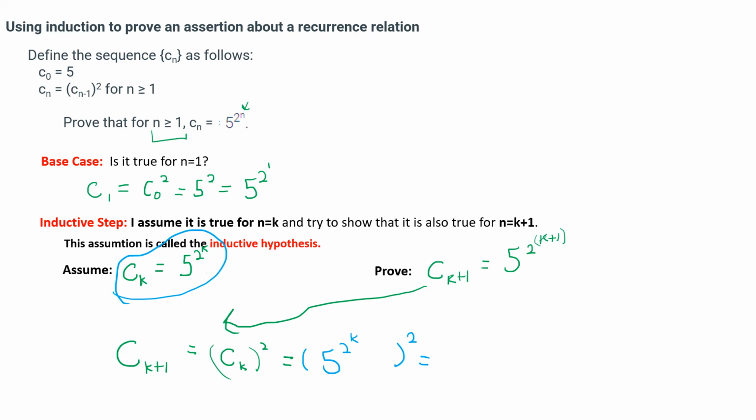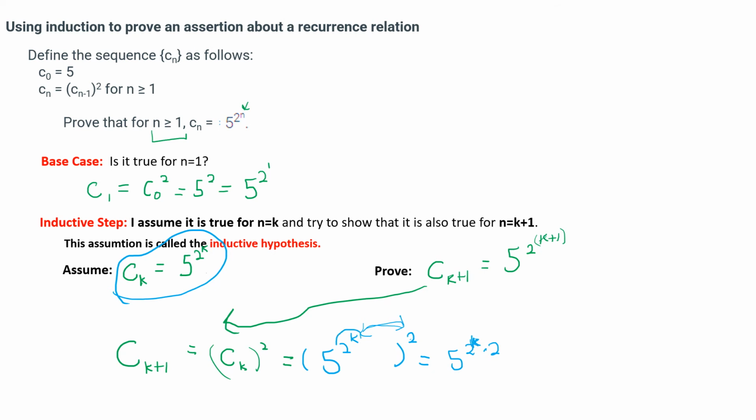Now how could I rewrite that? When we have an exponent on the outside of parentheses and an exponent on the inside, remember that we multiply exponents together. So this is 5 to the 2 to the k times 2. Okay, hopefully you see that.